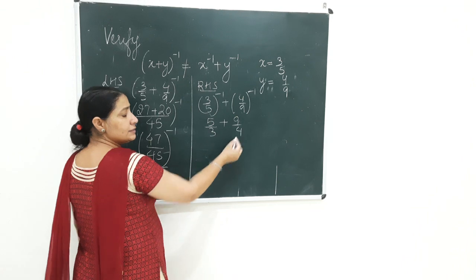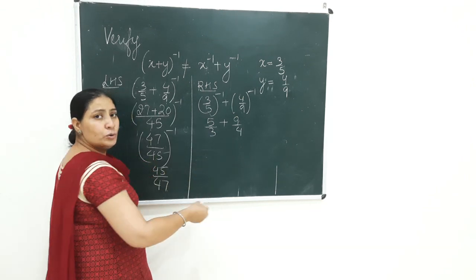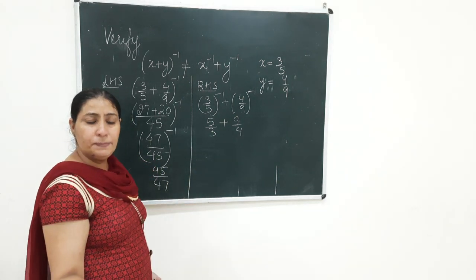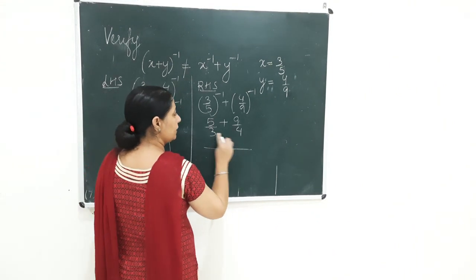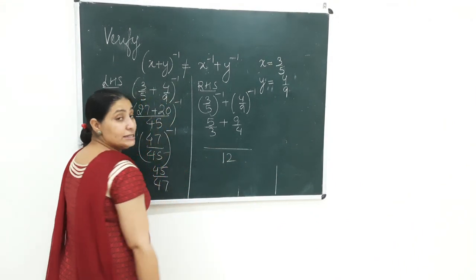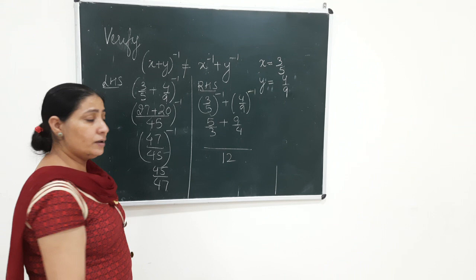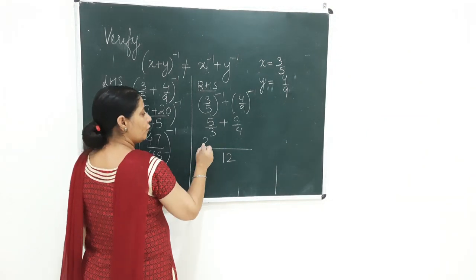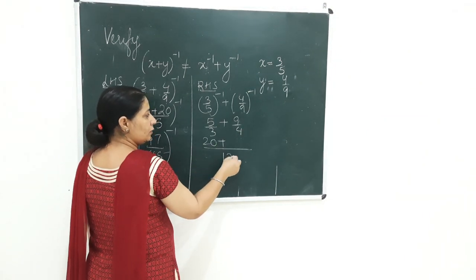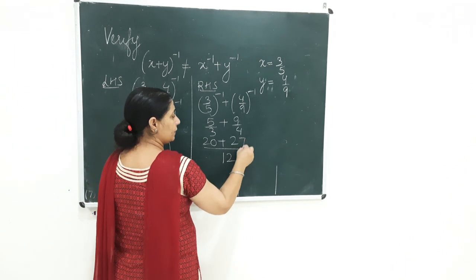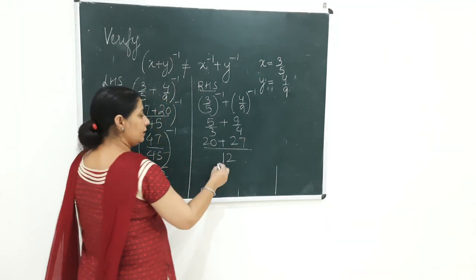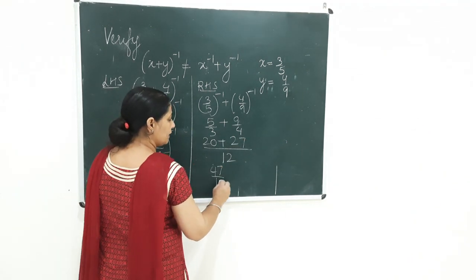Now let's take the LCM. Again 3 and 4 do not have any common multiple, so you will just multiply them and the least common multiple will become 12. Now 3 4s are 12, 4 5s are 20, 4 3s are 12, 3 9s are 27. So what is the answer you are getting beta? The answer you are getting is 47 by 12.